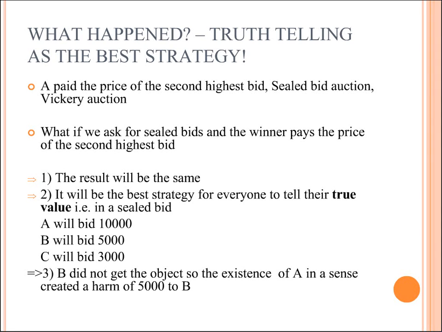So A in a sense created a harm of 5,000 to B, and I will get back to this third point later on. So the sealed bid auction, the Vickrey auction, is a very interesting auction, and think it through, and I think you will find it very interesting. Thank you.